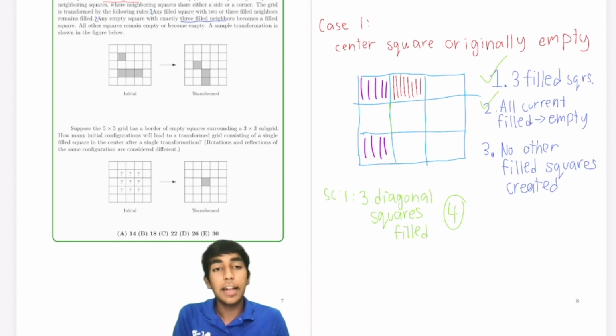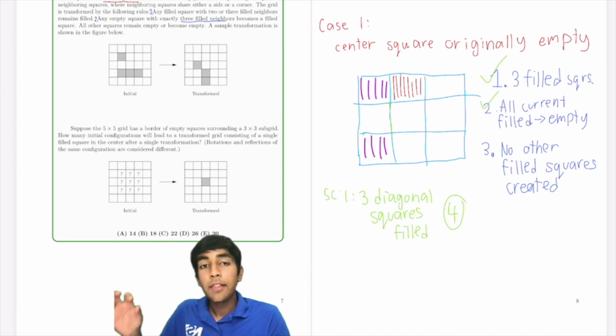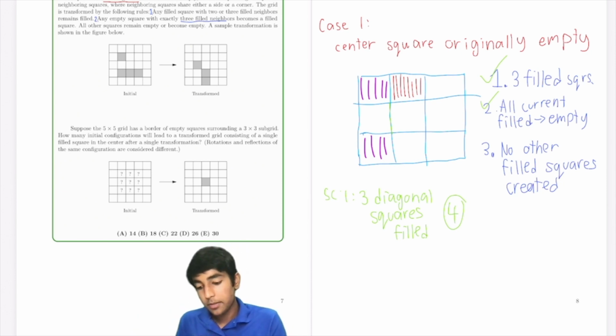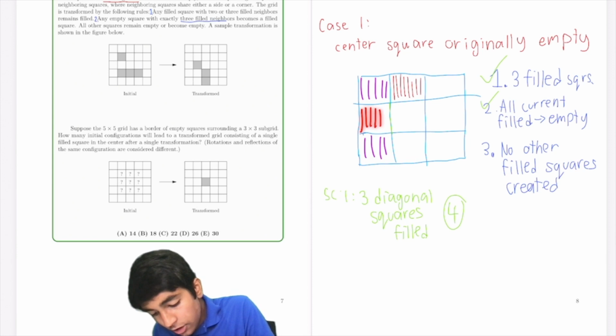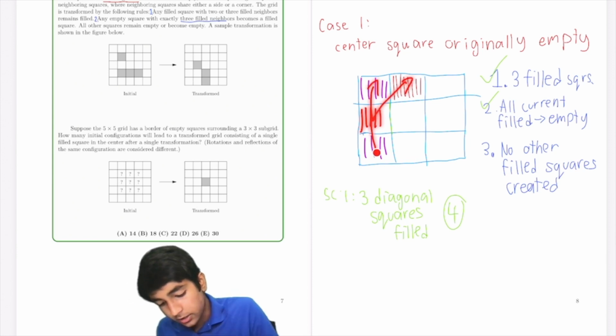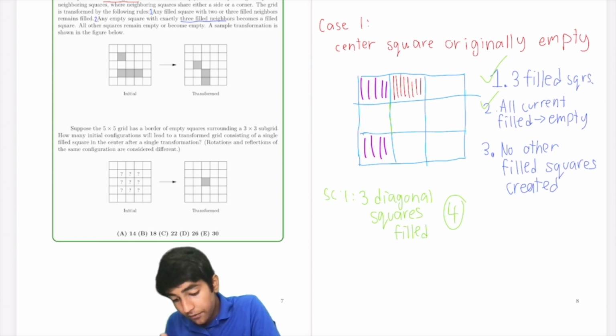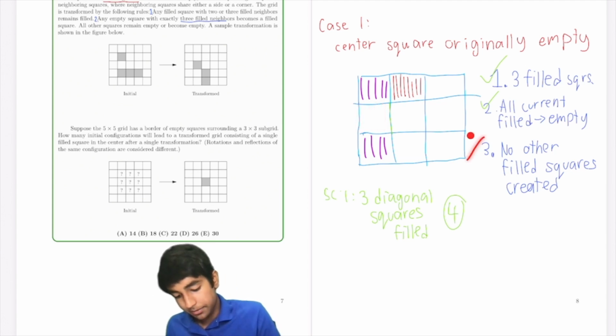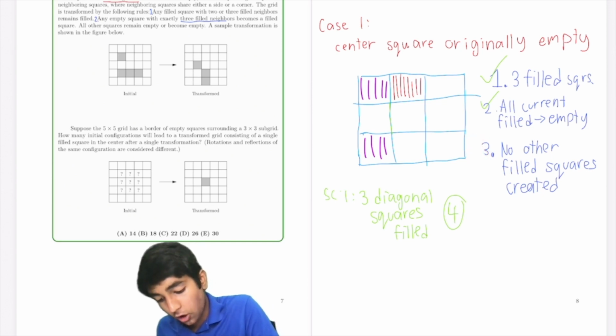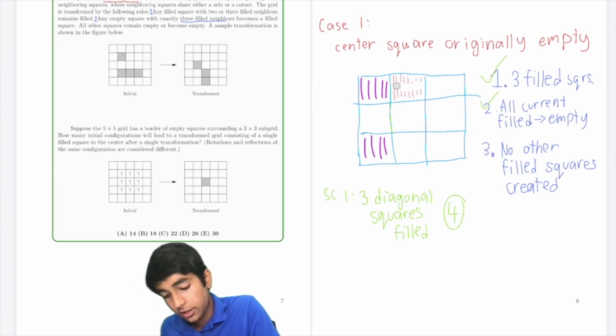For this not to be satisfied, we must have a square that's adjacent to three filled squares. Oh, but this square right here, it's adjacent to three filled squares. So it's going to become filled. And again, that's bad, right? We only want the center one to become filled. So this case is not satisfied. So we cannot have the edge over there, the red edge.